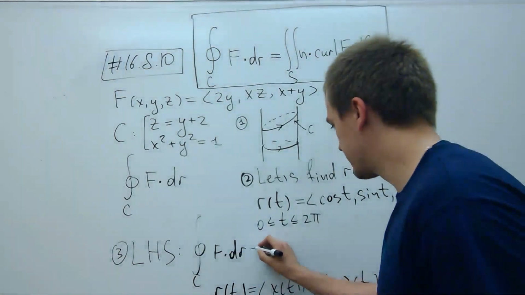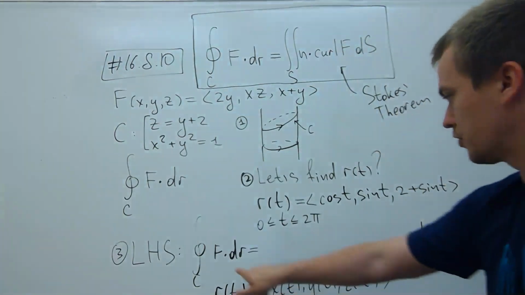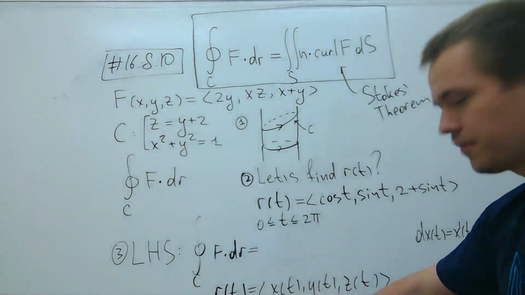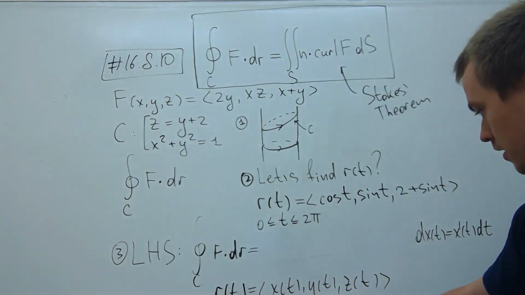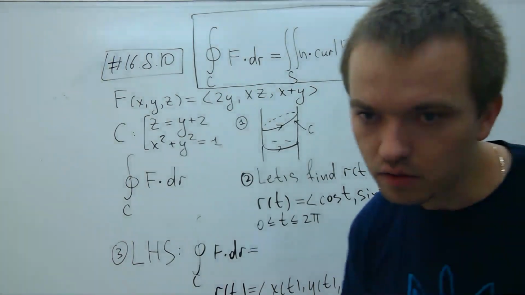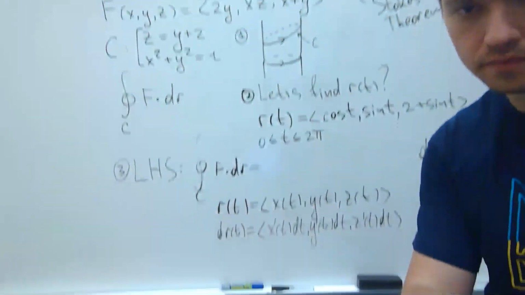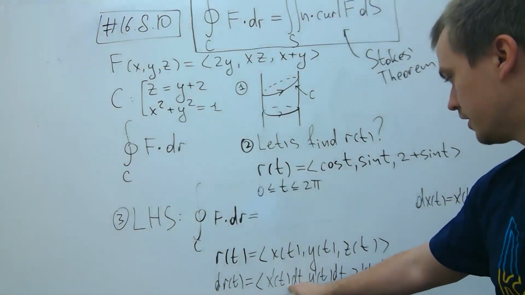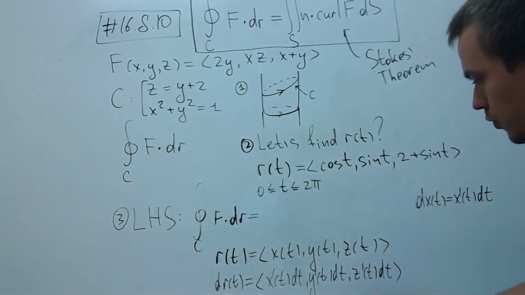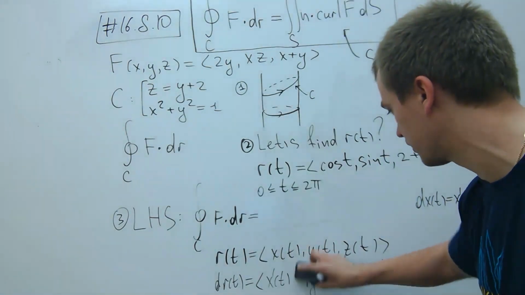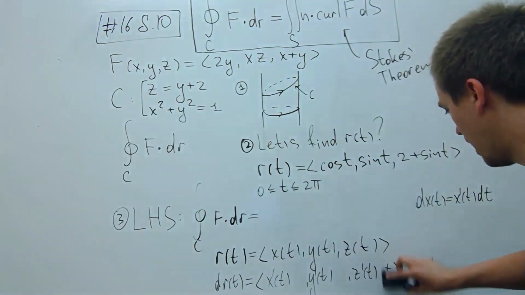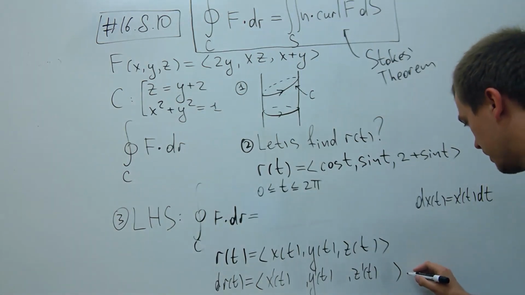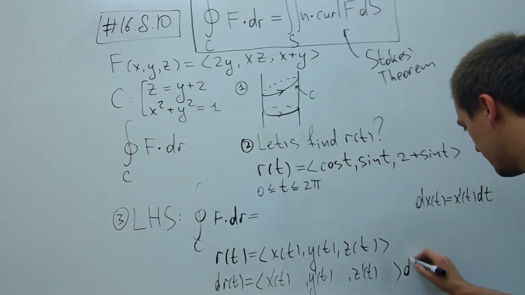So if I want to evaluate this integral, I want to find the dot product. But we can think of this dt as a constant, so we can factor dt out. We will have x prime t, y prime t, z prime t times dt.